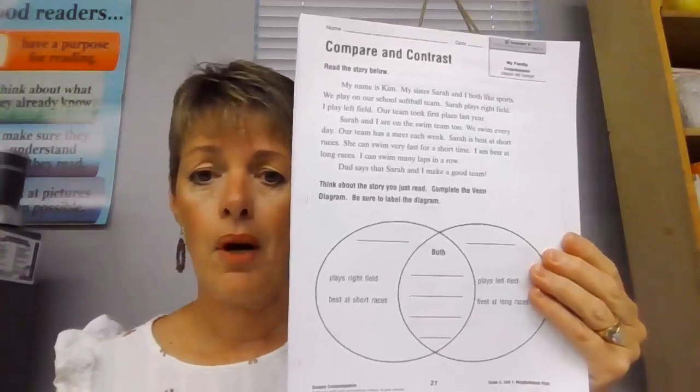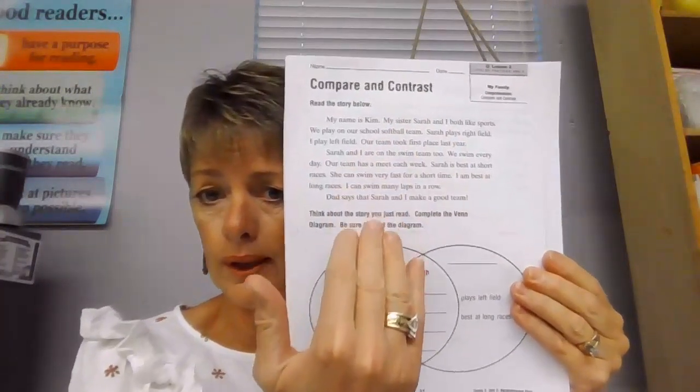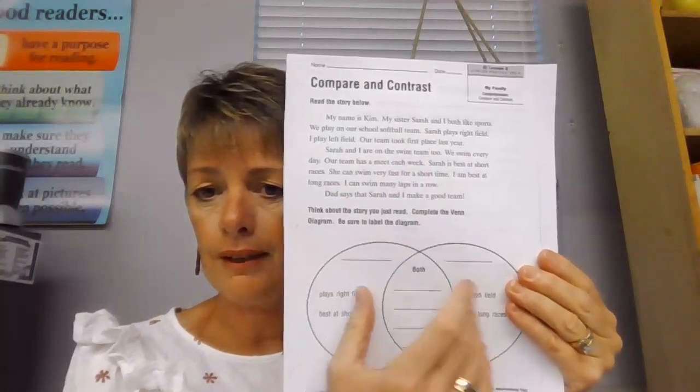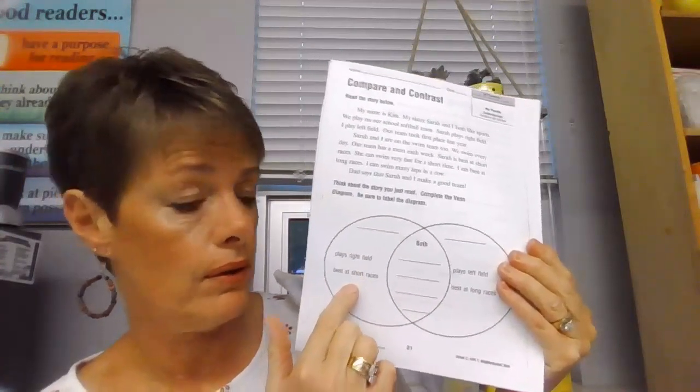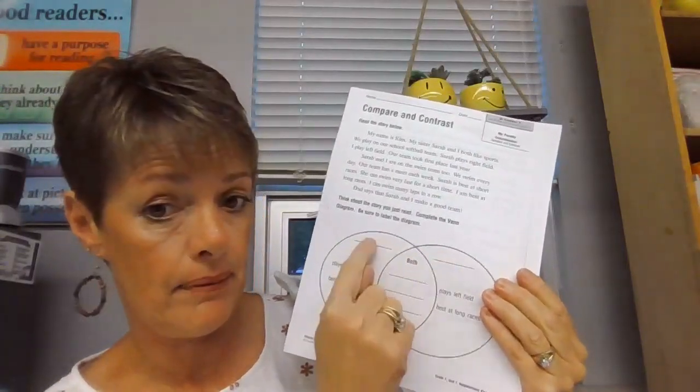Vikings, I want you to read this whole thing and fill in the Venn diagram. If you notice, they've already got this side done for you, and they've got this side done for you. The part that you have to do is put the name at the top. Then you have to put what they both like.